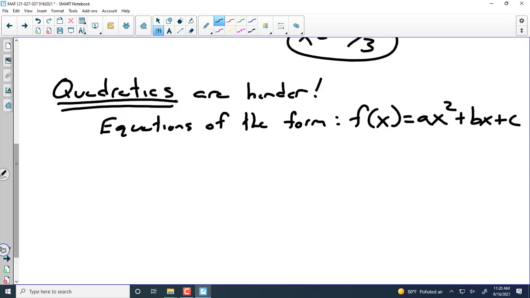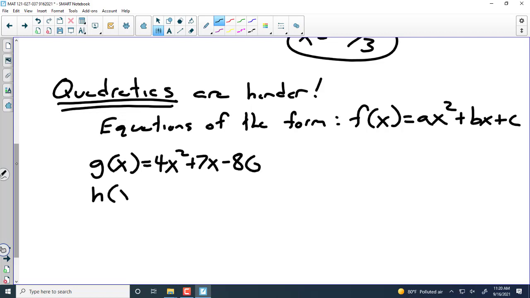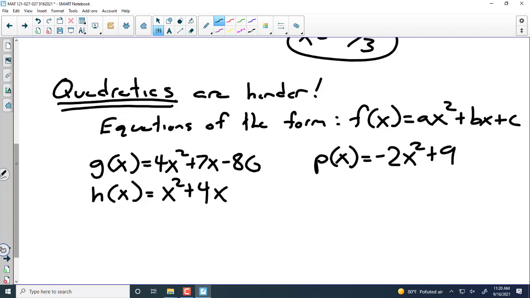So there's this one. You see, there's all these different forms that quadratics can take on.